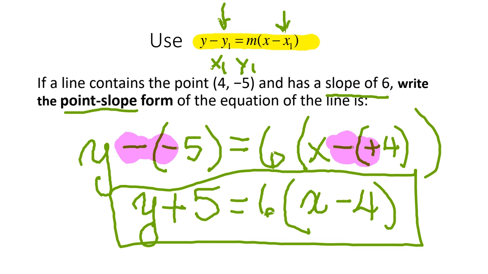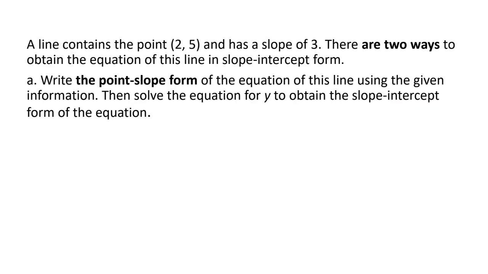Now, my last problem, okay? It is saying a point contains 2, 5 and a slope. Now, there are two ways to obtain this equation, which is true, okay?